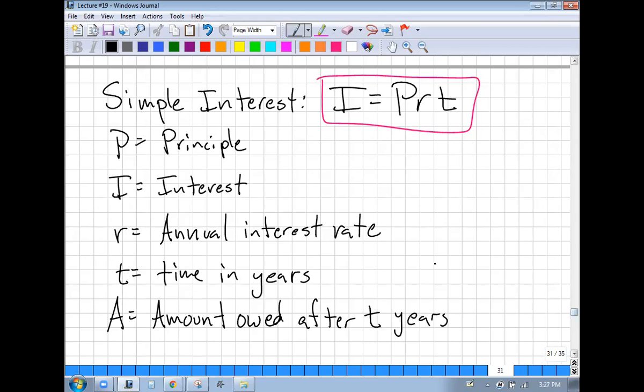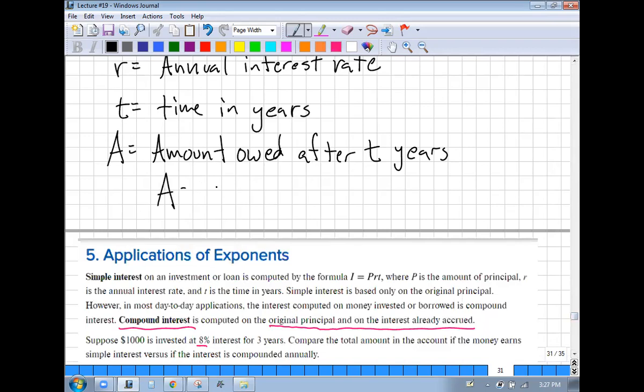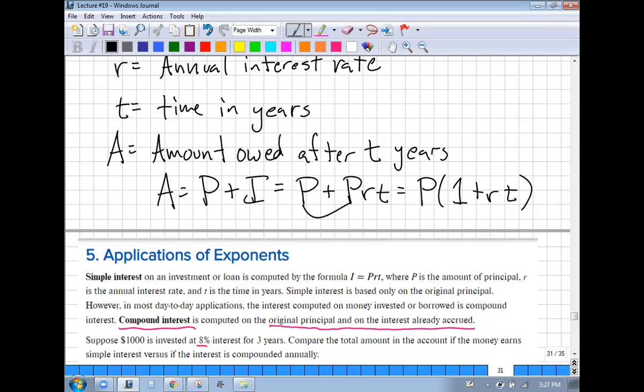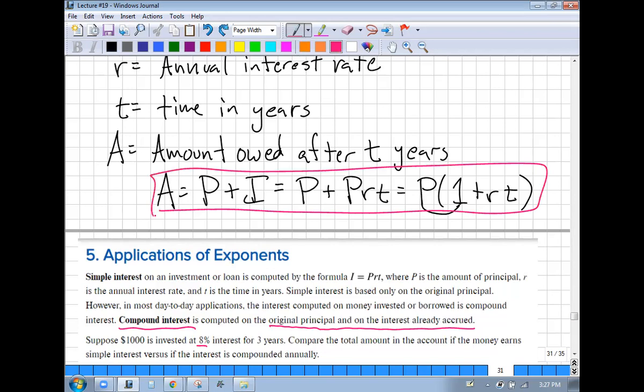So the amount is your principal plus your interest. But the interest was PRT. So notice you can factor a P out of here. Both of these are multiplied by P. P times 1 is P, and then P times RT is PRT. So this is your amount for simple interest.